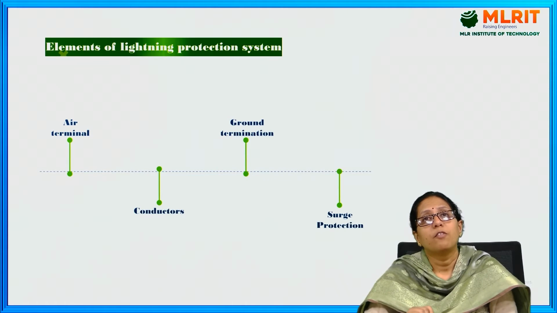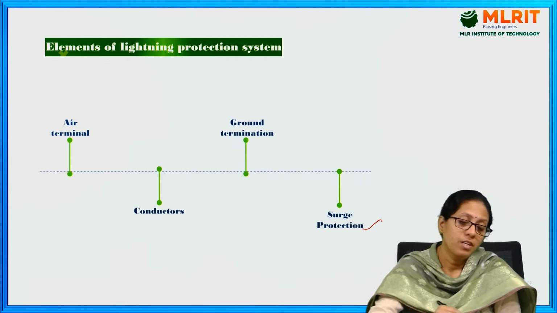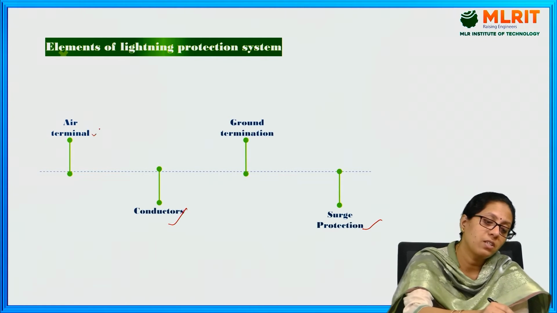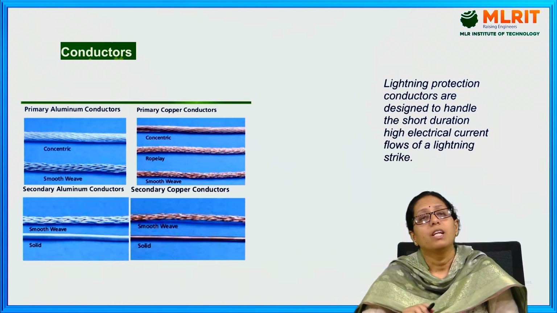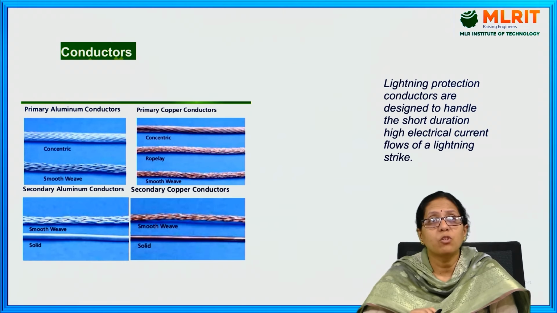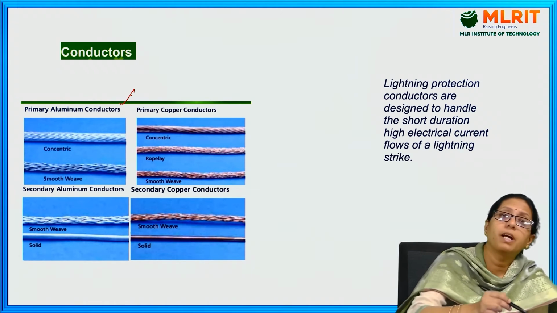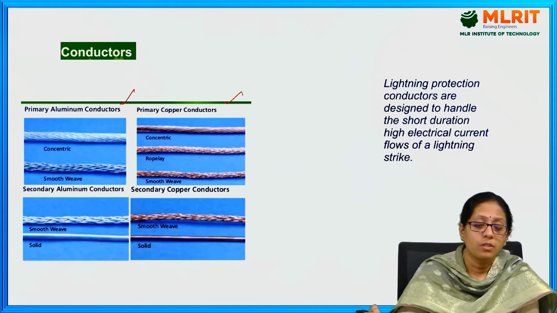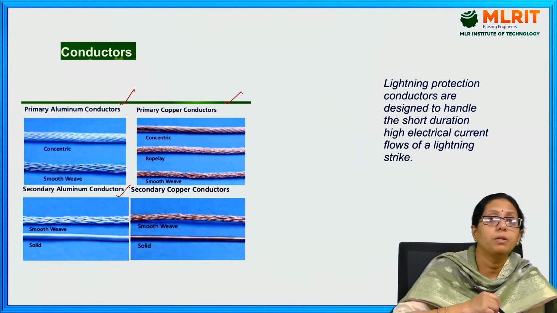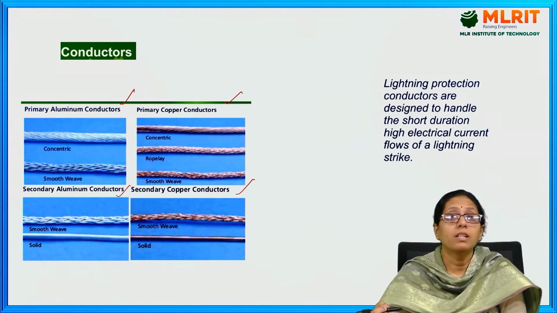What are the different lightning protection system components? Ground terminal, surge protection, different types of conductors as well as air terminal. Here you can see there are different types of conductors: primary aluminum conductor, primary copper conductor, secondary aluminum conductor and secondary copper conductor.